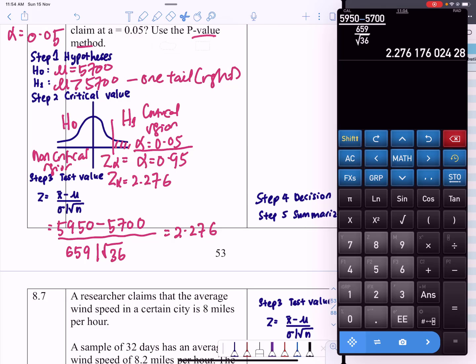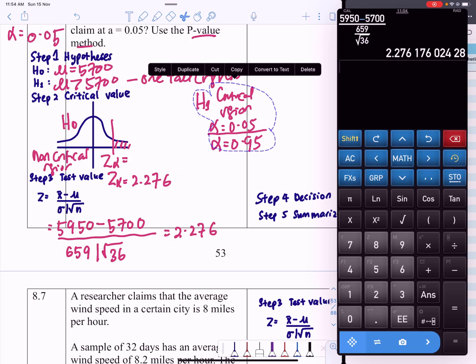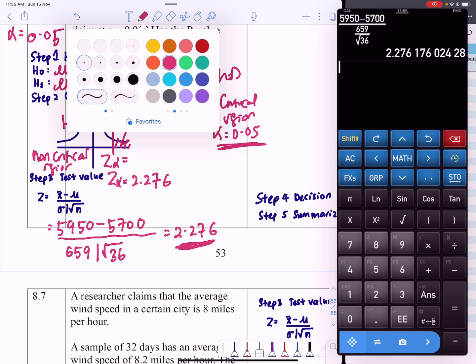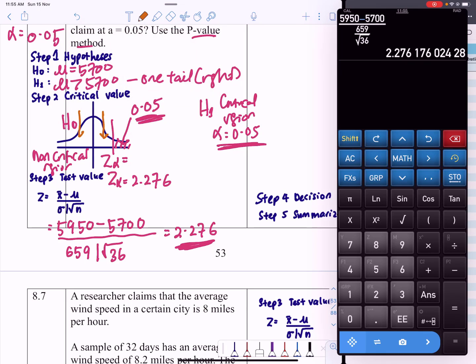The critical region here has an alpha value of 0.05. I move over so it is easier for you to see. Here we have 0.05. When we get a value lesser than 0.05, we reject the null hypothesis. If we get a value greater than 0.05, it falls in this area.